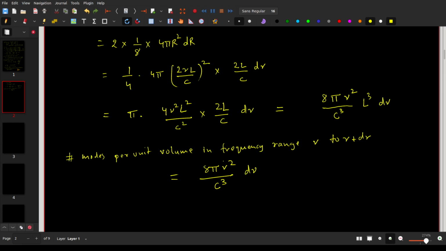So the number of modes per unit volume in the frequency range nu to nu plus d nu is given by this equation.